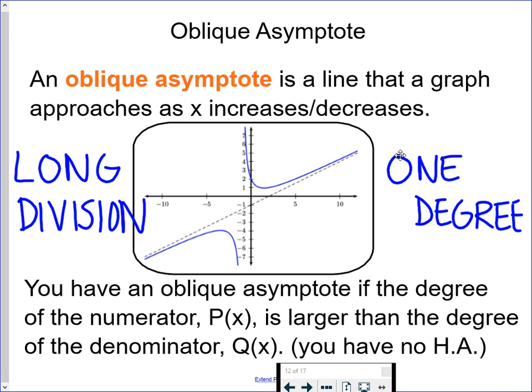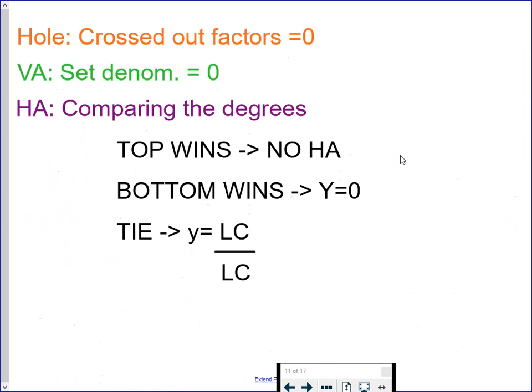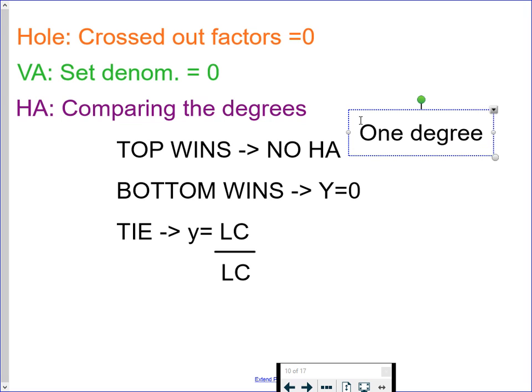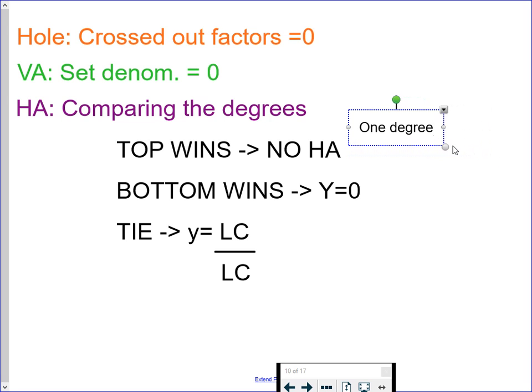Okay, here we go. So this can only happen if we do not have a horizontal asymptote. Okay? I'm going to go back to my one sheeter for a second. And I'm going to say 1 degree apart.